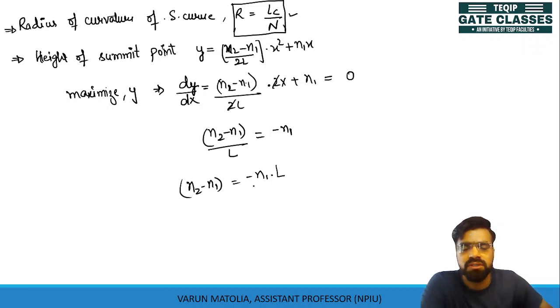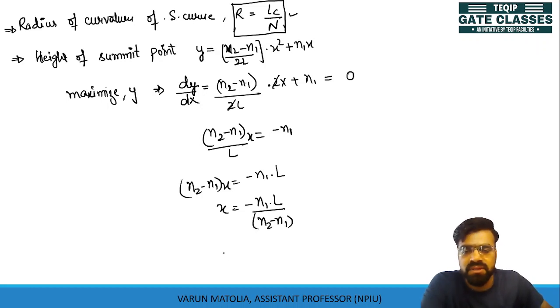The value of x will be minus n1 by (n2 minus n1) into L, and it can be simplified as x equals n1 into L upon (n1 minus n2). I have reversed the sign convention for the denominator in order to remove the sign.